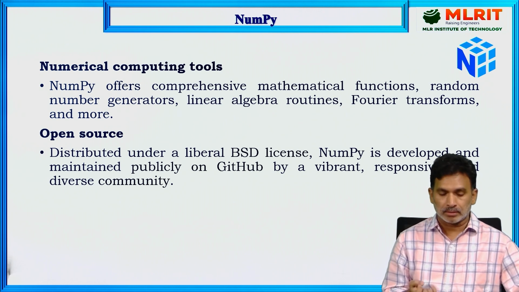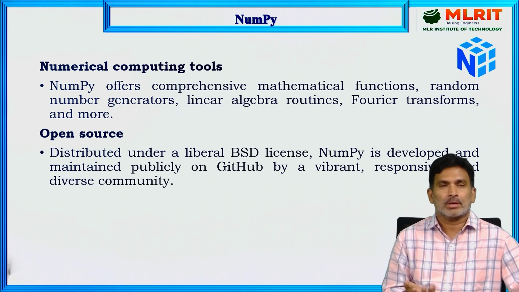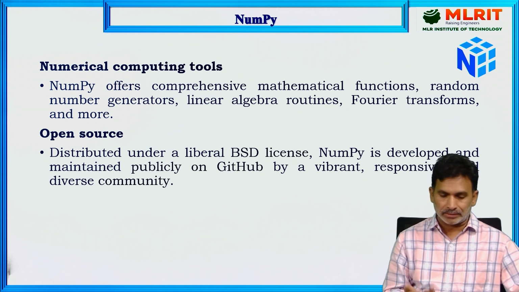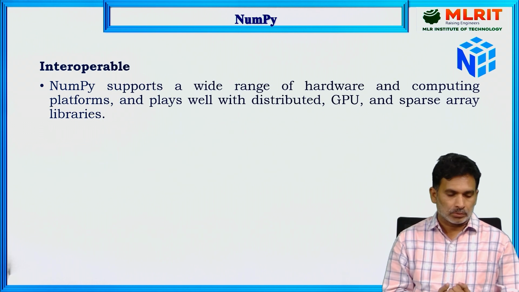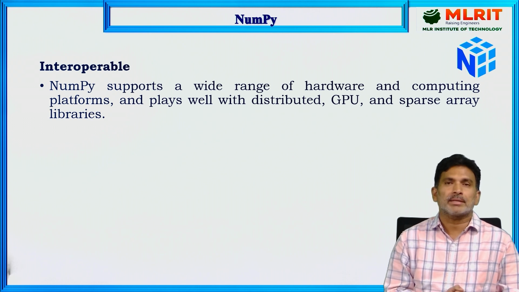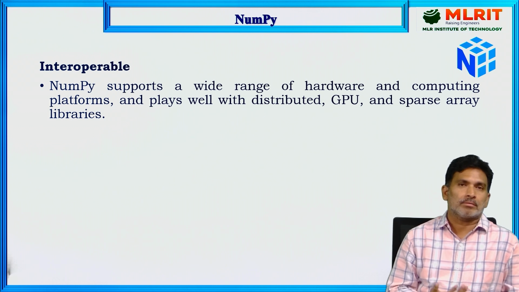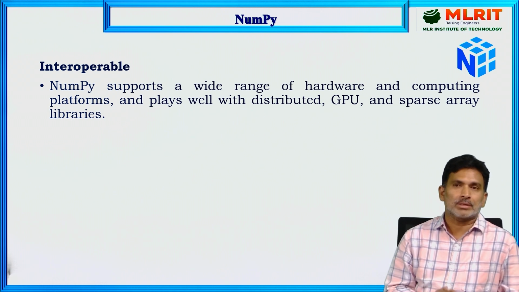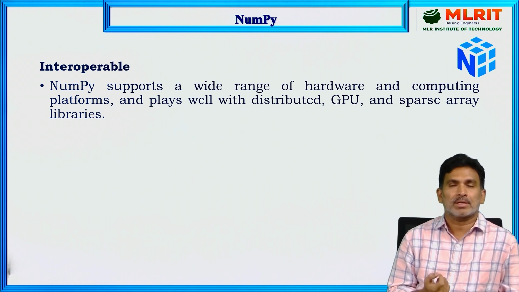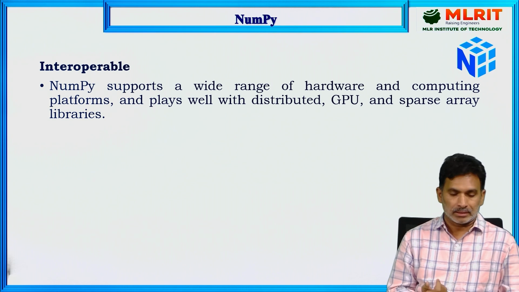We can download it, implement our own functions and libraries, and also redistribute it. Interoperable is another feature. NumPy supports a wide range of hardware and computing platforms, and it plays well with distributed, mainly GPU (graphical processing unit), and sparse array libraries.